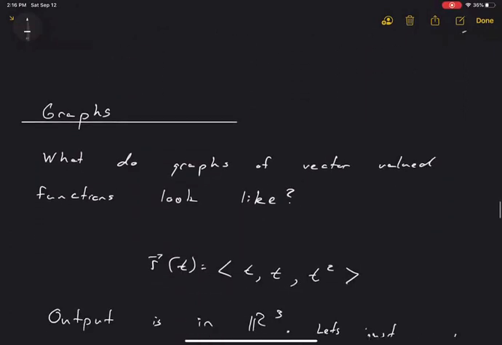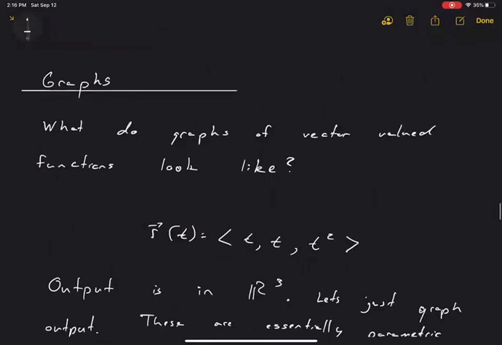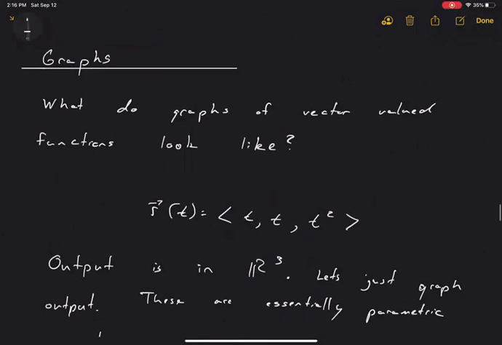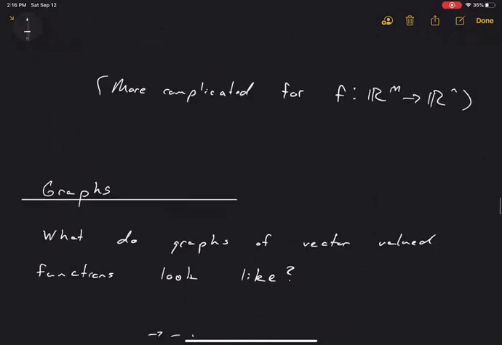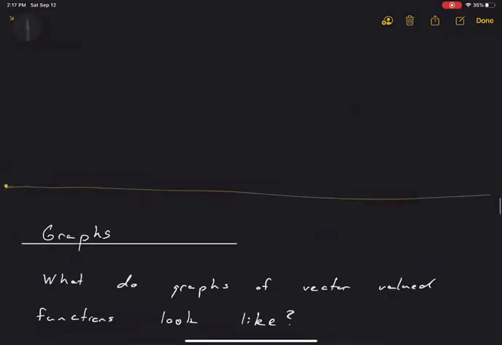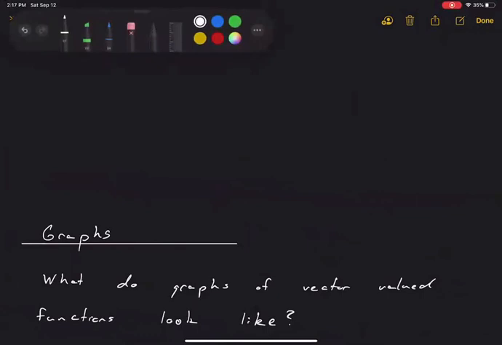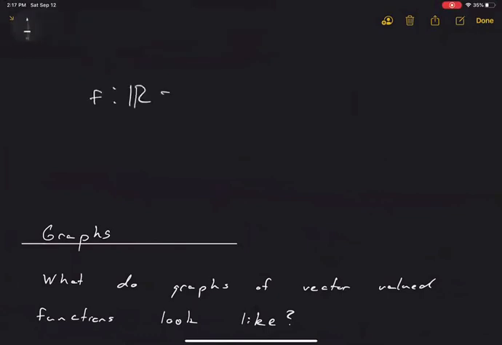We have to talk about limits and continuity before we can do graphing, which is what 13.1 is almost entirely concerned with. Just like with functions from R to R, continuity was a big thing. When I'm considering a function from R to R, if it is continuous, what does that mean for its graph? That intuitive idea means we can draw it without lifting our pencil.